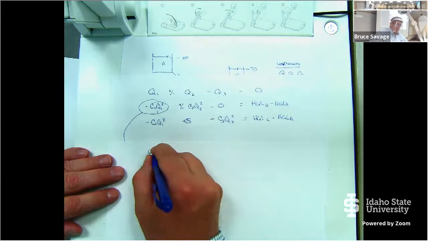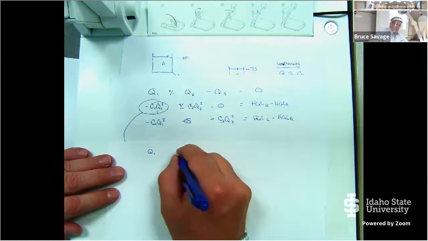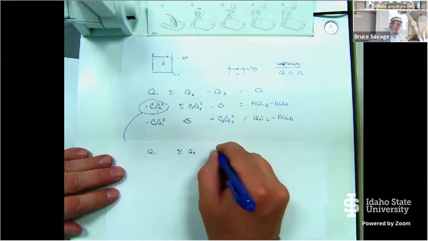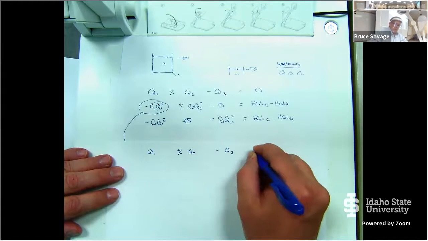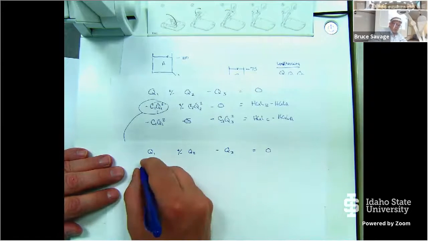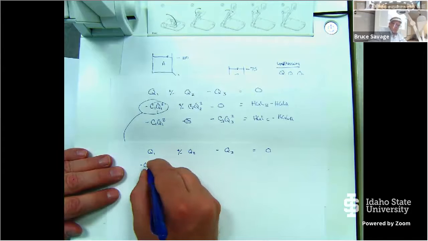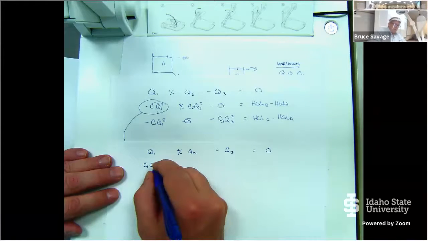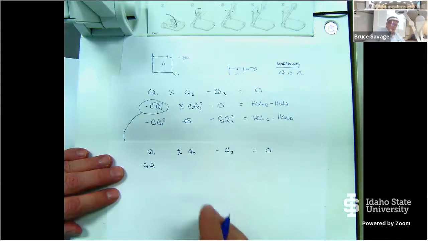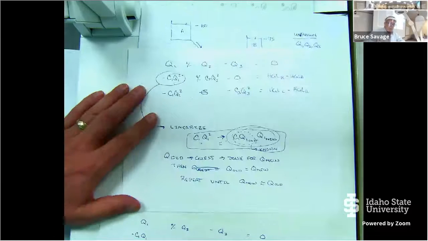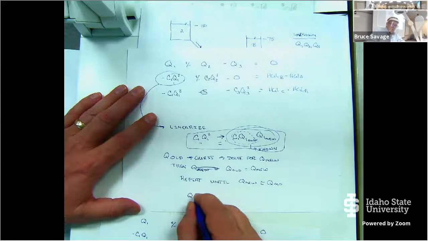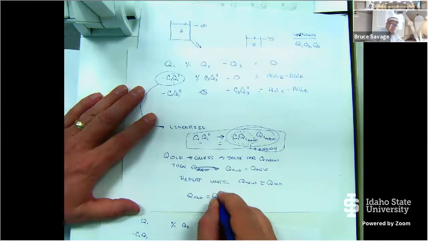So if I rewrite those equations, I get Q1 plus or minus Q sub 2 minus Q sub 3 equals 0. And over here, I get minus C sub 1 Q1. To simplify my notation, would you let me say that Q old equals Q prime?